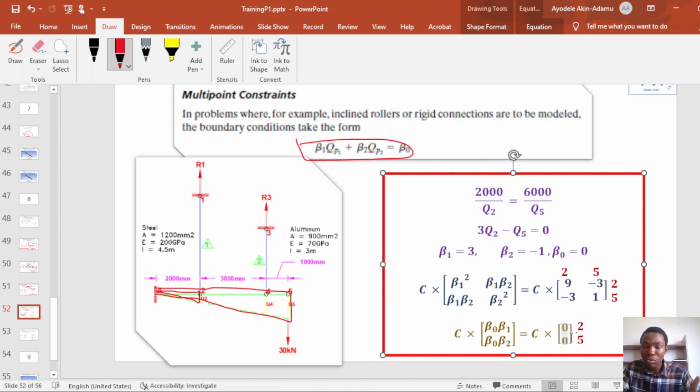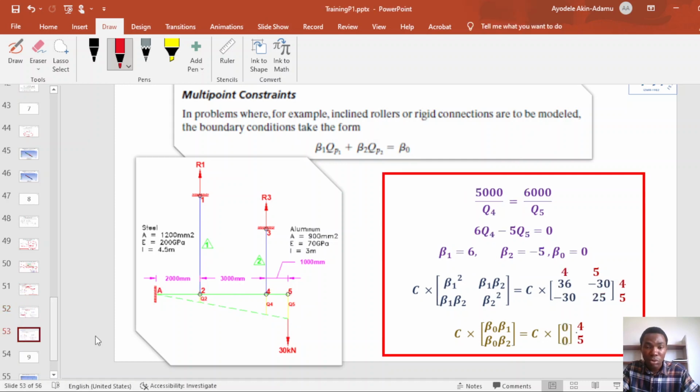But because it's 0, we don't need to do any modification to the first vector. So we only need to modify our global stiffness matrix. So this is for 2 and 5. We also need to do it for 4 and 5. That's another multi-point constraint, and we do the same thing as for 2 and 5.